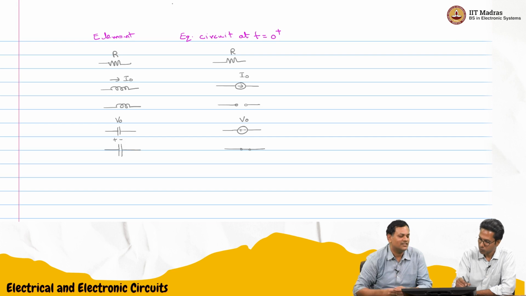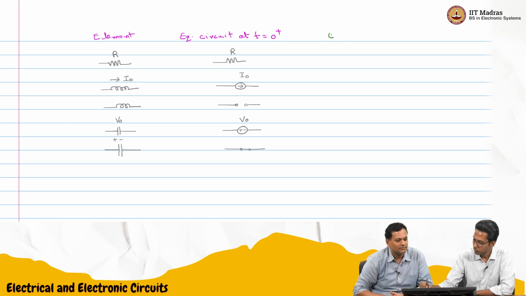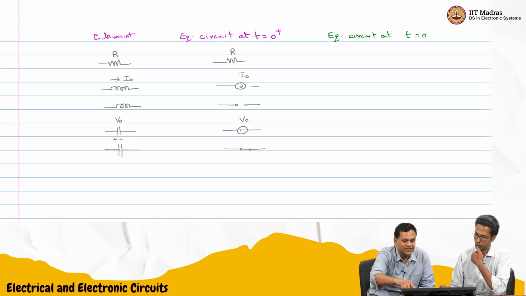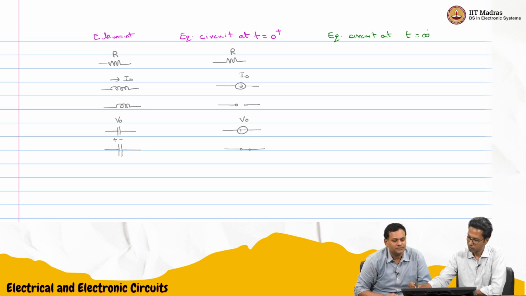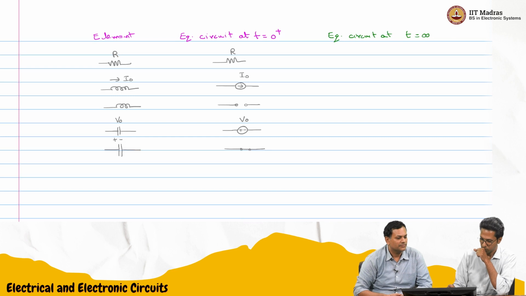We can just see the equivalent circuit at t equal to infinity. R anyway will not change.